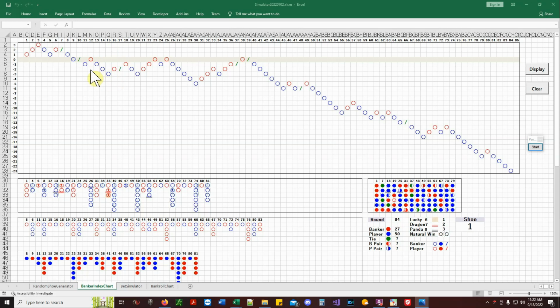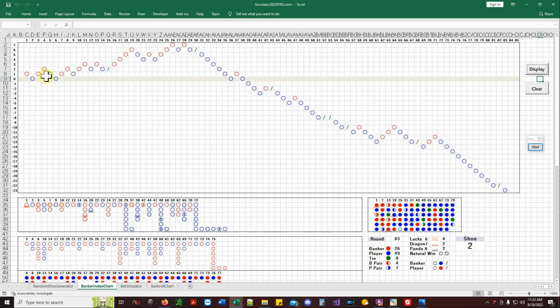So let's get it on. Let me see if I have any hook trades on this particular shoe. No hook trades on that particular shoe. Do I have any hook trades on this particular shoe?